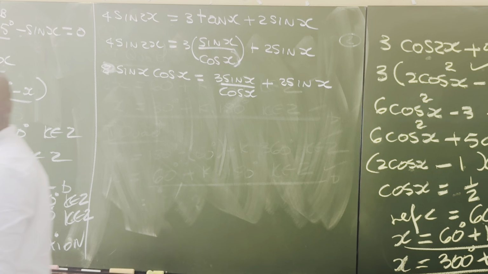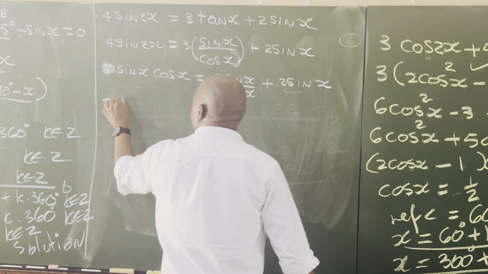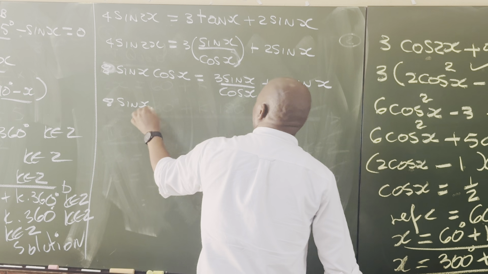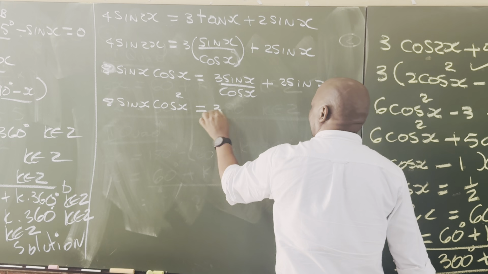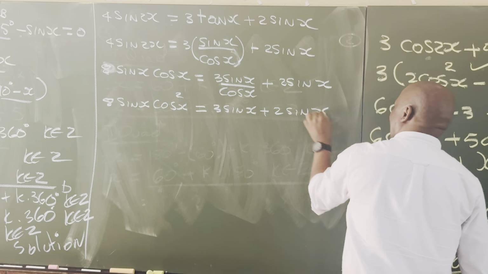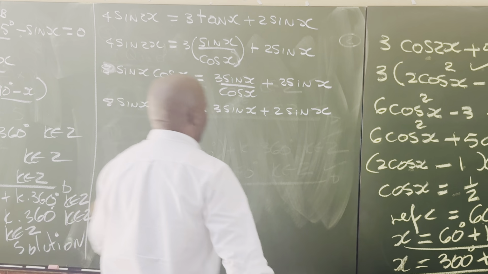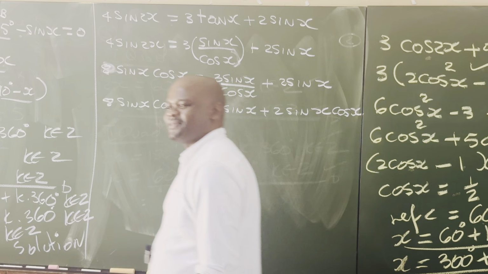And then multiplying by cos x, which will give us 8 sine x cos squared x equals 3 sine x plus 2 sine x cos x multiplied by cos x.